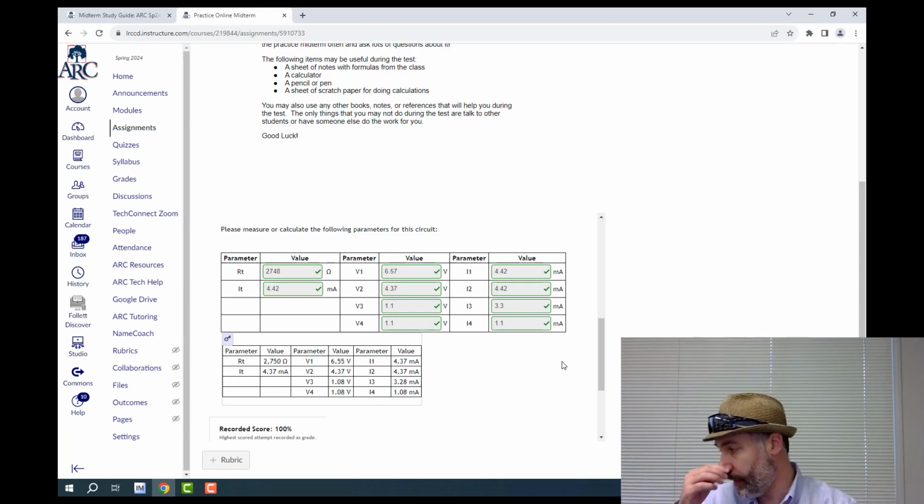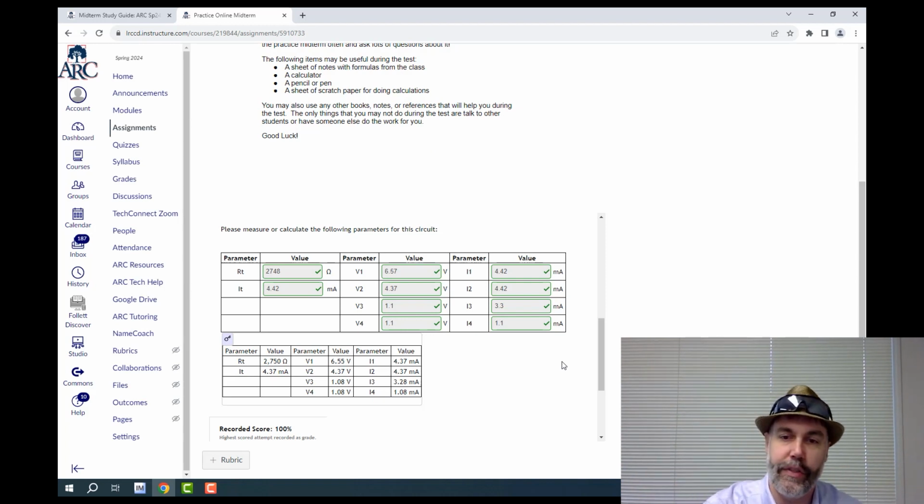Your voltage on your power supply isn't going to be exactly the same. So there's going to be some slight variation, but the more precise you can be, the closer you'll get, hopefully, to the calculated answer, and the better chance you'll have of getting the correct values. If you round too much, that can throw you off. If you make inaccurate measurements, that can throw you off also. So try to be as precise as possible.